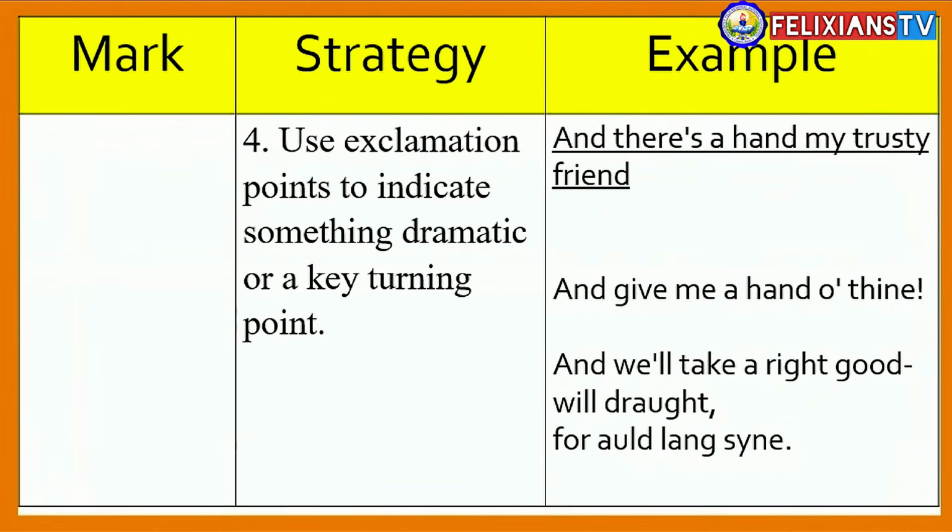Number 4, the common mark is exclamation point. When our emotion is being touched, use exclamation points to indicate something dramatic or a key turning point. For example, in our line here, "And there's a hand, my trusty friend, and give me a hand o' thine."